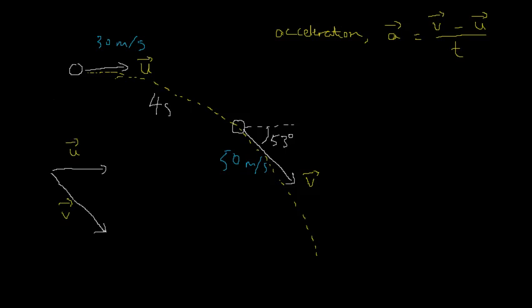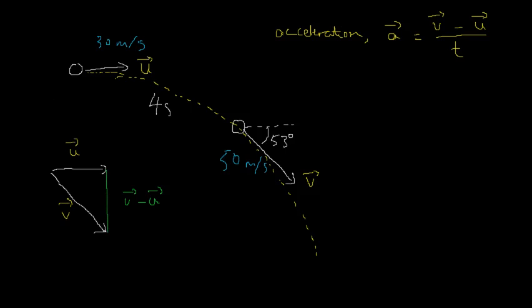There we are. And to find the difference, v vector minus the u vector, we must join the tips of the two vectors together.